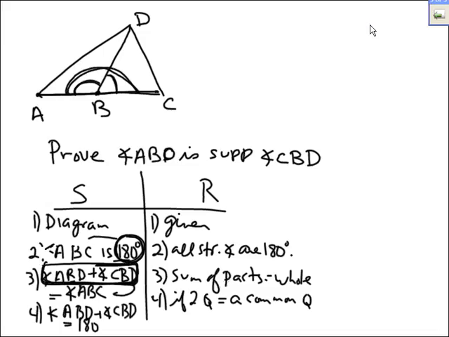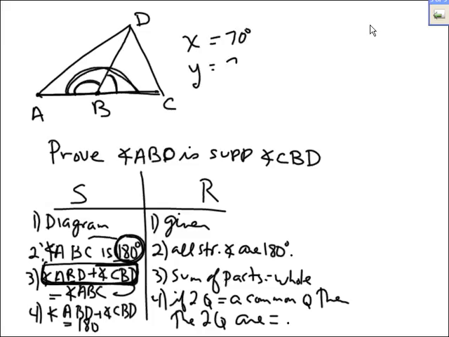They both equal the same thing. If two quantities equal a common quantity, then the two quantities are equal. If you come to know that x and y both equal 70 degrees, then x and y are equal.